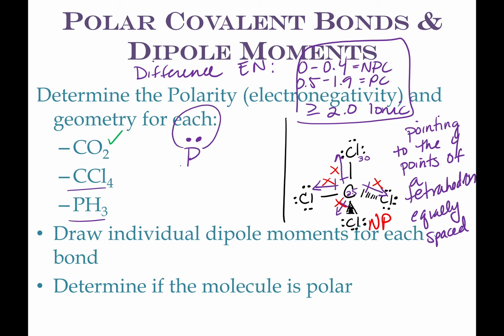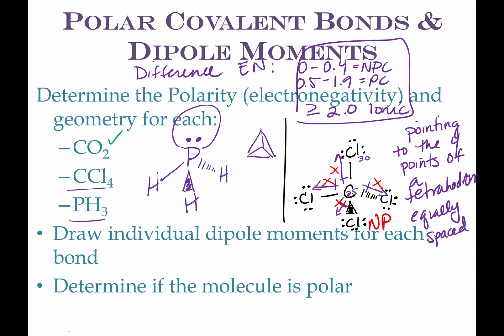We're going to have one of these here, one with a wedge, and one with a dash. Now, if you didn't really get that exactly, this is what kind of pyramid? It's a triangle-based pyramid. So this is what we're seeing. This is trigonal pyramidal, either way you look at it.